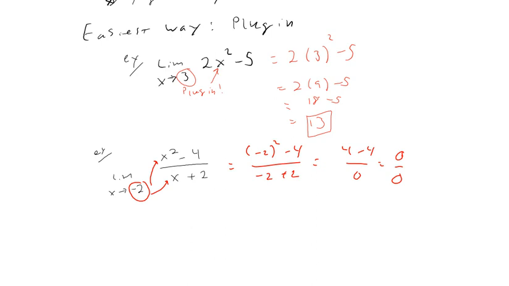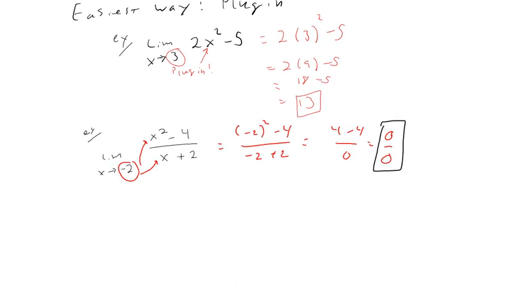This is something that is very special in calculus. When this occurs, when you plug something in and you get 0 over 0, this is called indeterminate form.